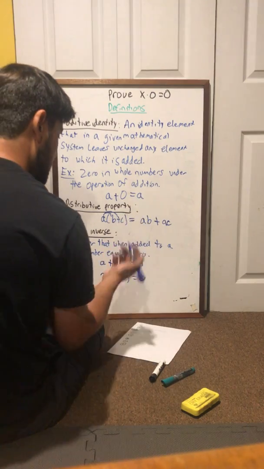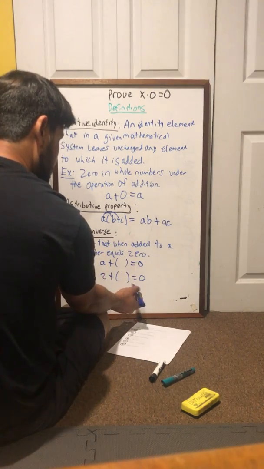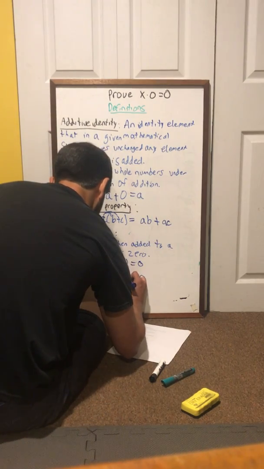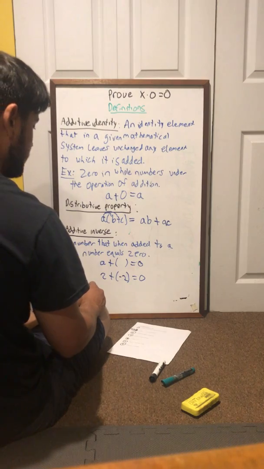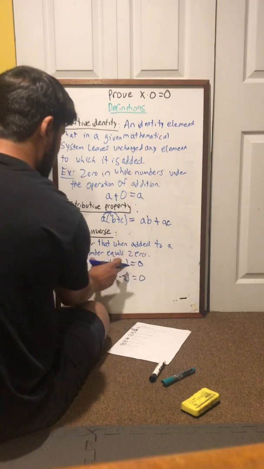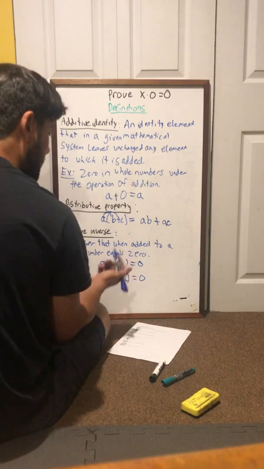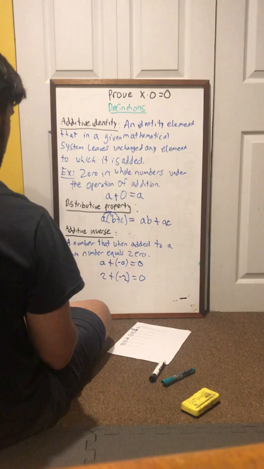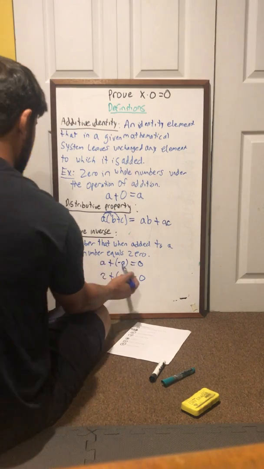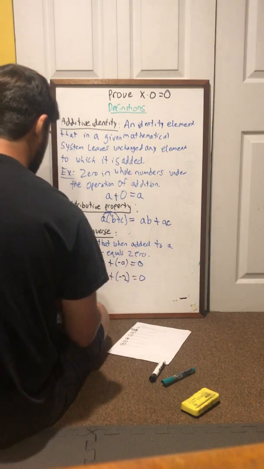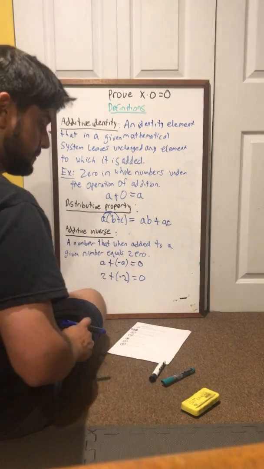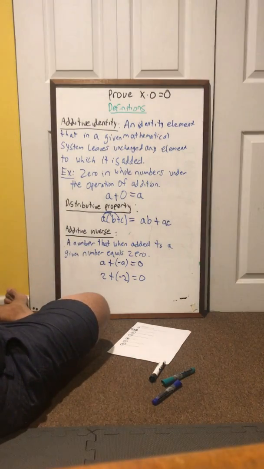So for this example, 2 plus -2 equals 0, okay? So when we're putting it back into this formal definition here, a plus -a equals 0, okay? Now the additive inverse is this -a here, which then we're going to use again in our proof, okay? So these are the three that are very important for us, all right?